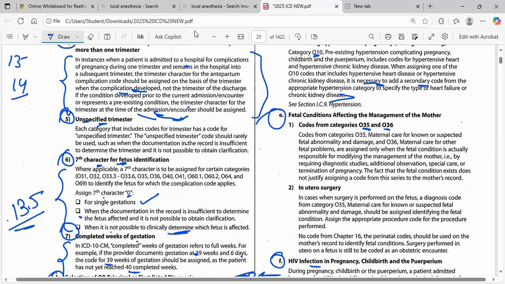And whenever the mother is being treated in order to treat the baby, we have to use O35 and O36 only. After the birth, if the baby has any issues, we are going to use a code from chapter 16, the P series. So if after the delivery the baby has any issues, we are going to use a code from chapter 16 or the P series.